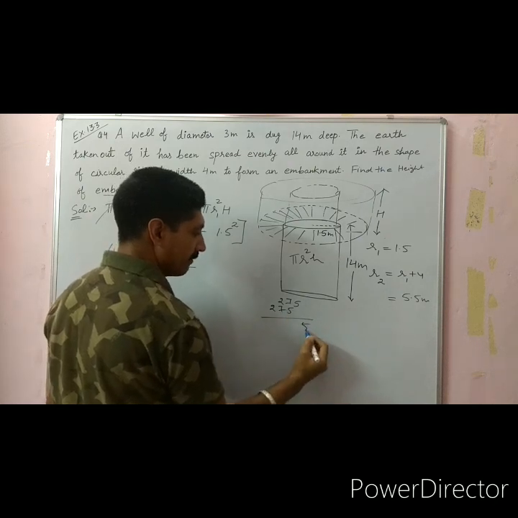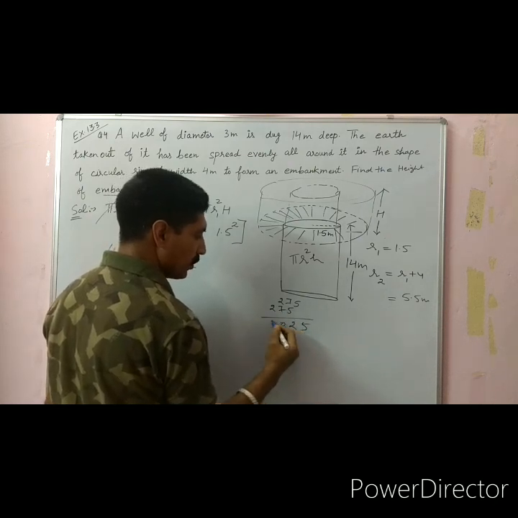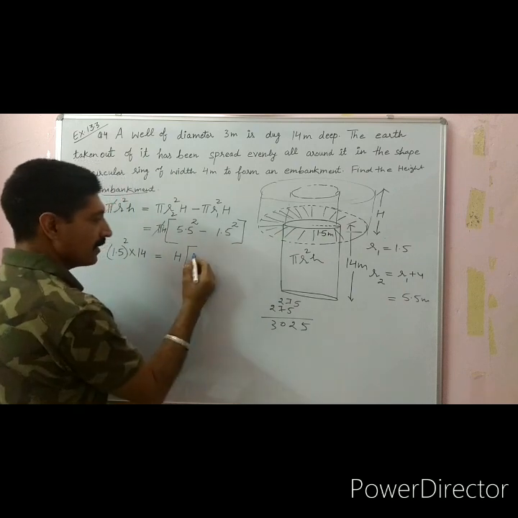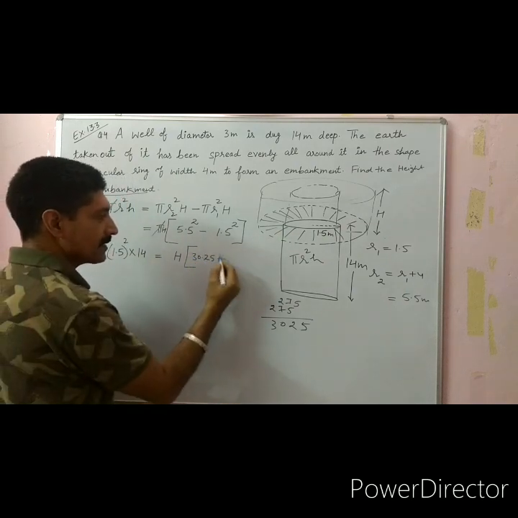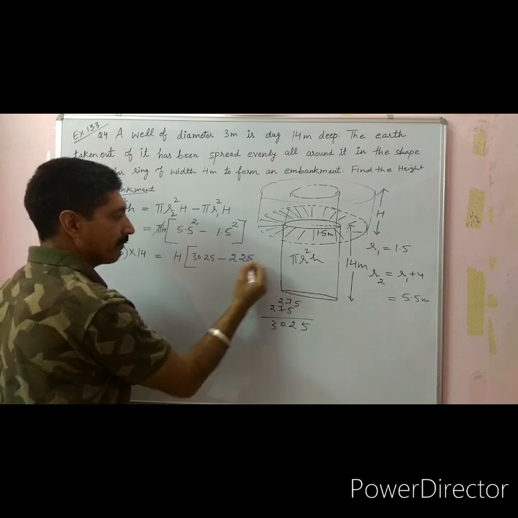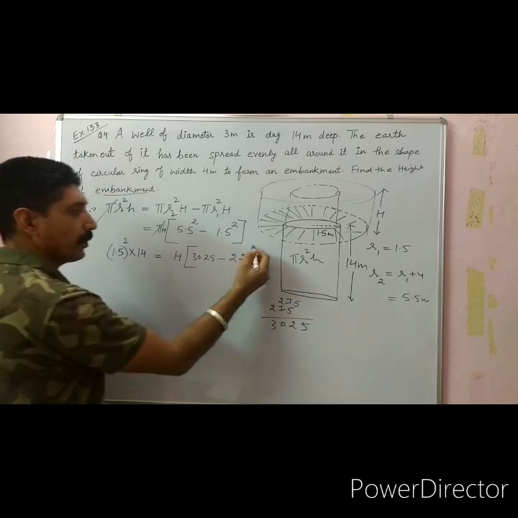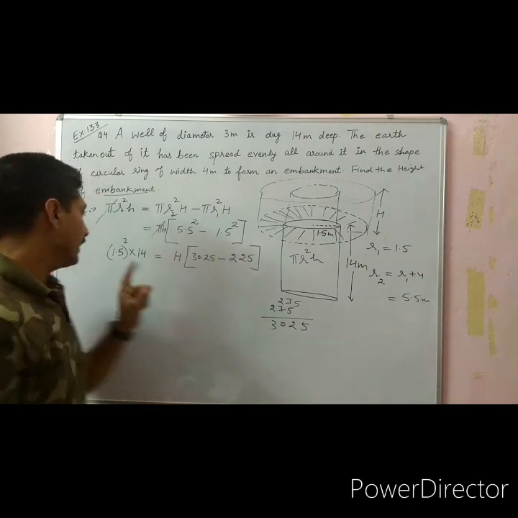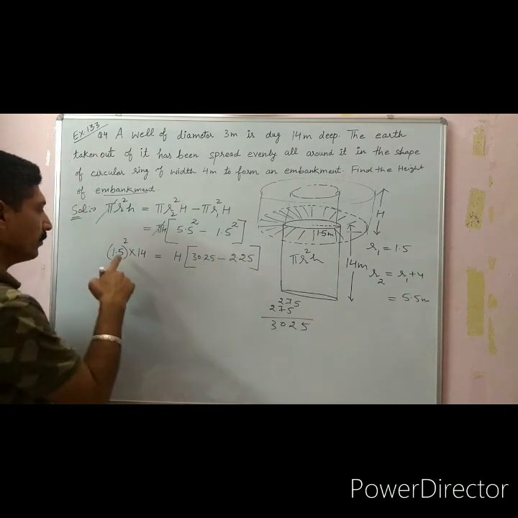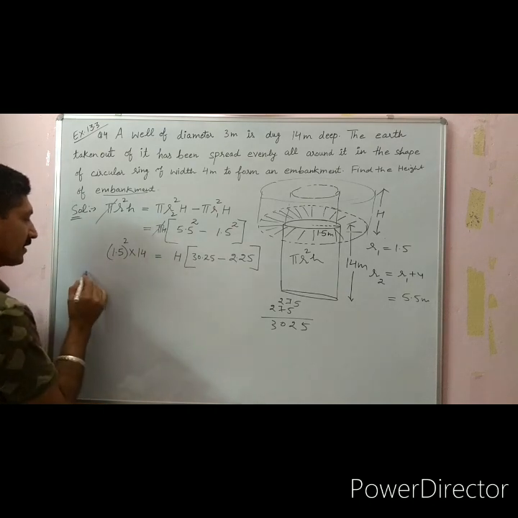So here we have 30.25 minus 2.25. 15s are 225, so with decimals, it is 2.25. And here also we can change the sides.